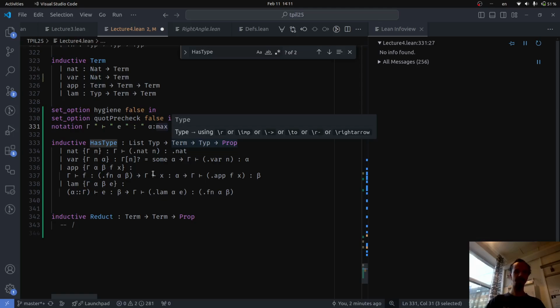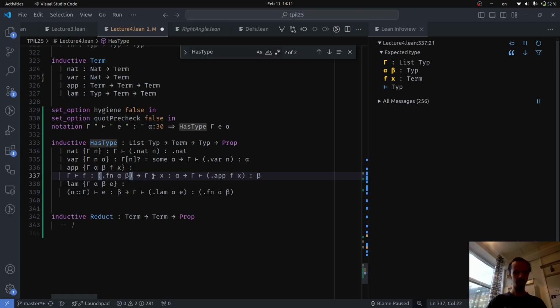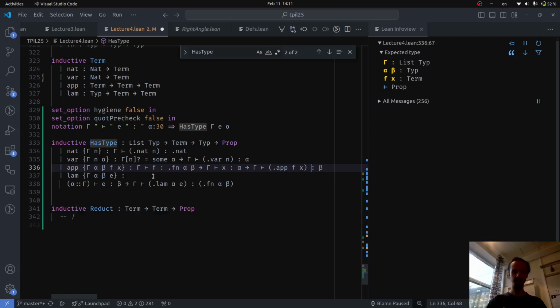So the issue here is that the precedence is a bit funny, but I think now it's better.